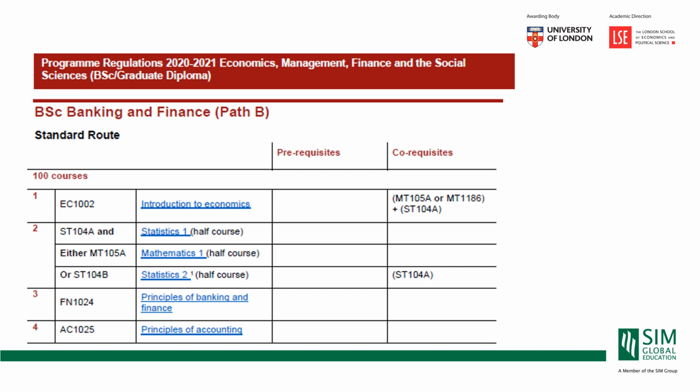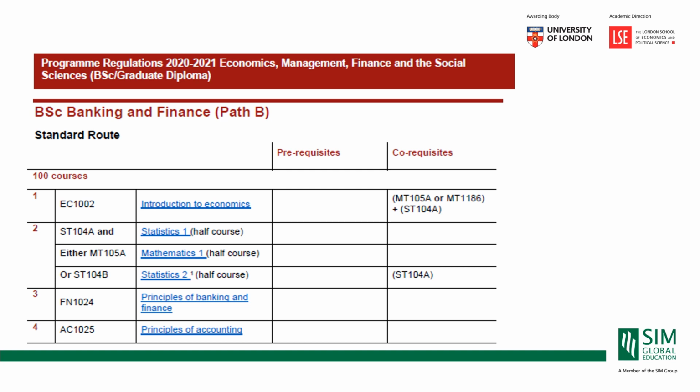Because ST104B is an advanced course in statistics. Actually, it is a mathematical statistics. So here at SIM, almost all students take ST104A and MT105A. So both courses are doable.